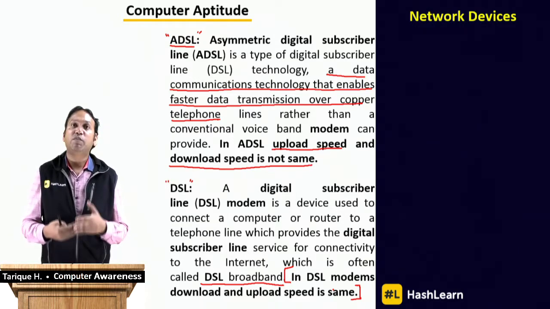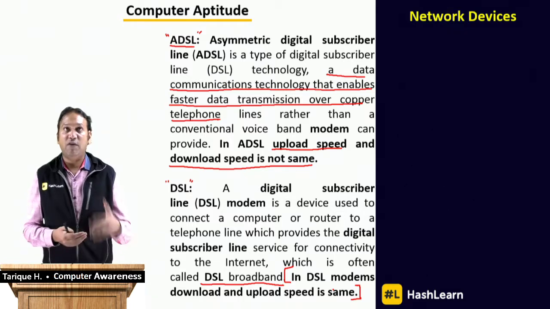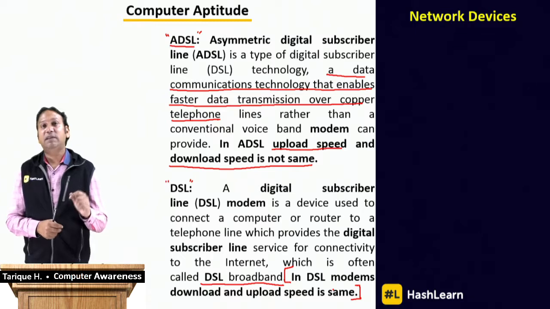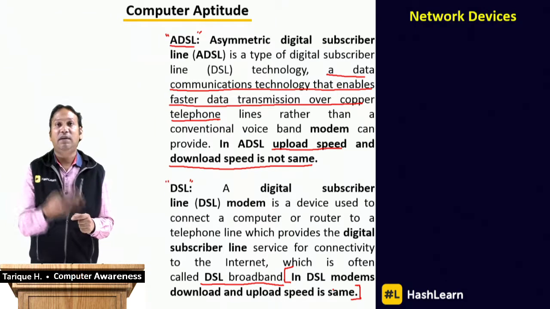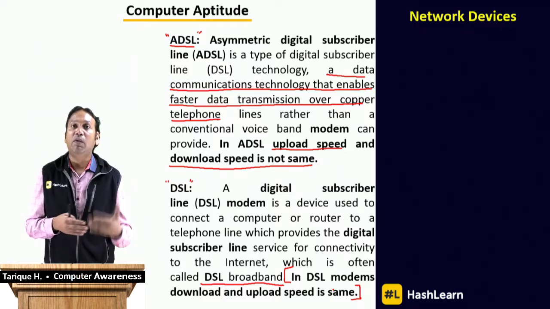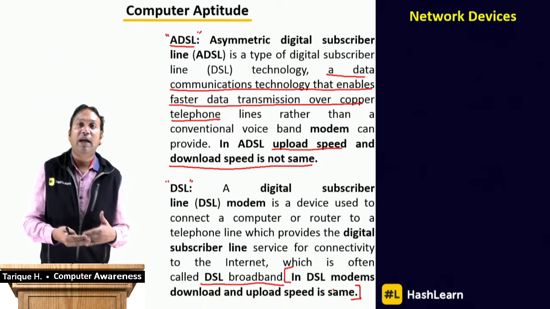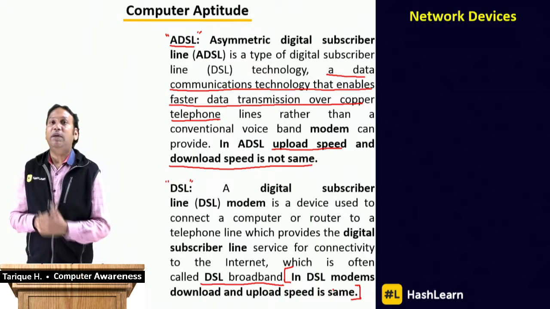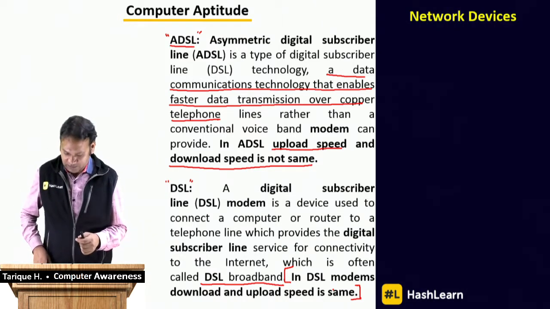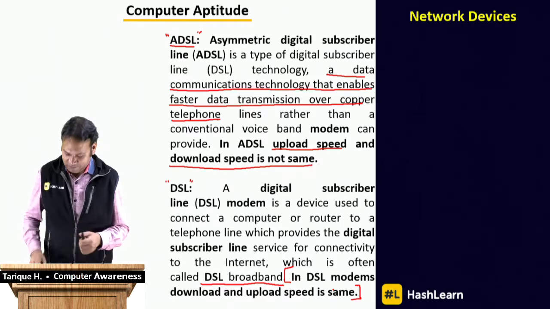You can use both services at the same time. So that's how we have this concept of ADSL and DSL. A stands for asymmetric, the other three letters are the same, digital subscriber line. Remember that asymmetric means the download and upload speed will not be the same, whereas if it's a DSL modem, the download and upload speed will be the same.